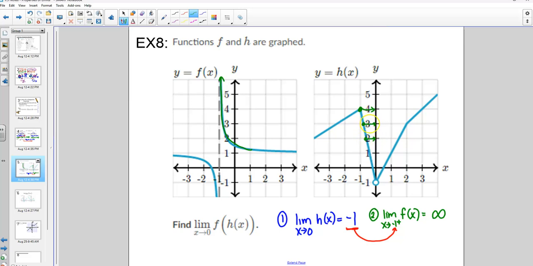So as these points get closer and closer and closer to having an x-coordinate of 0, the y values are approaching negative 1. The y values, so right here, y values approach negative 1 from above.